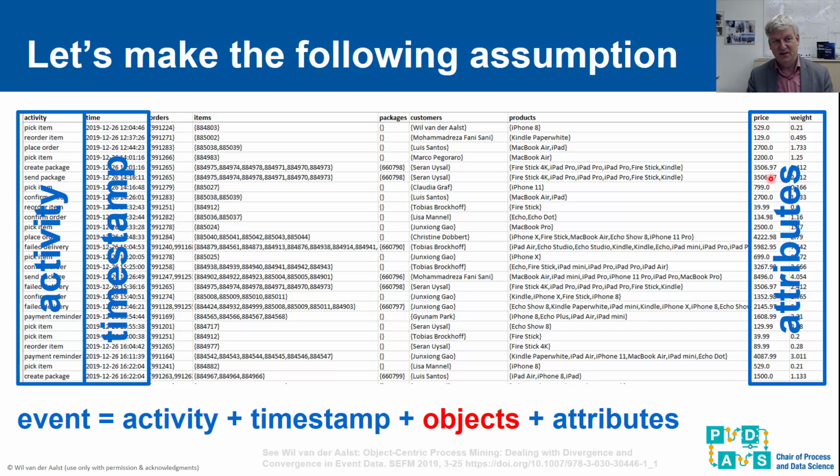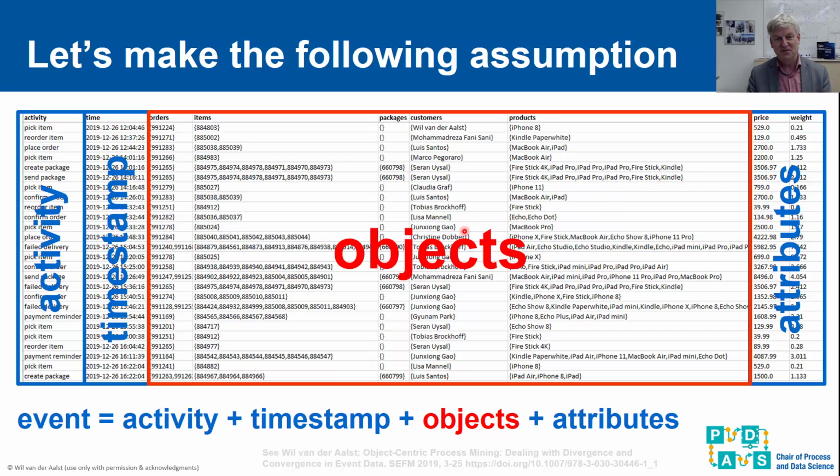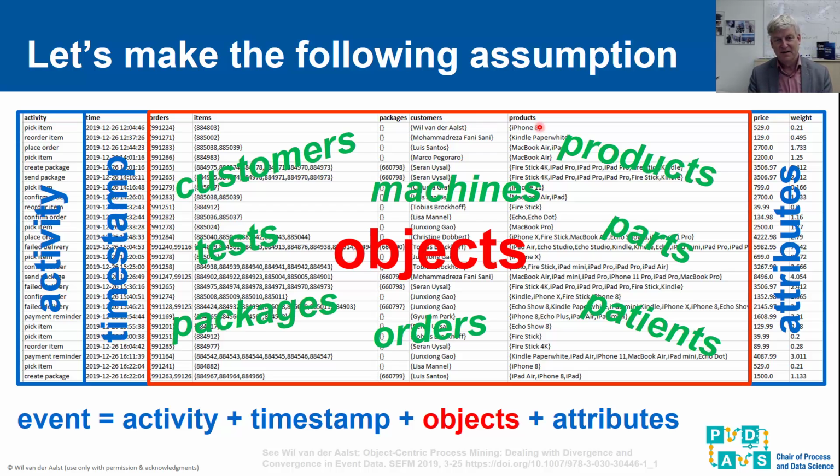An event no longer has a case identifier, but an event may refer to any number of objects, and these objects can be of different types. So we have order, items, packages, customers, and products as the different types. And what is important is that there can be many different types of objects. So normally we would have a separate column to, for example, represent the resource involved.